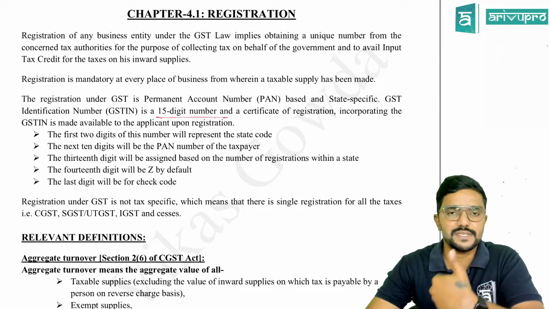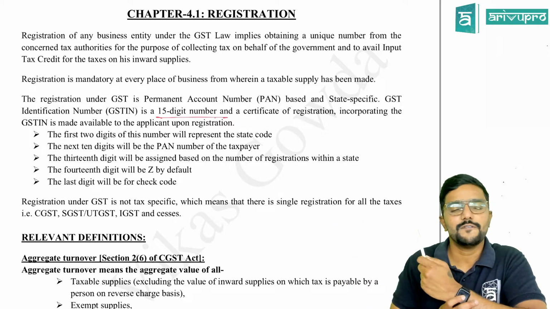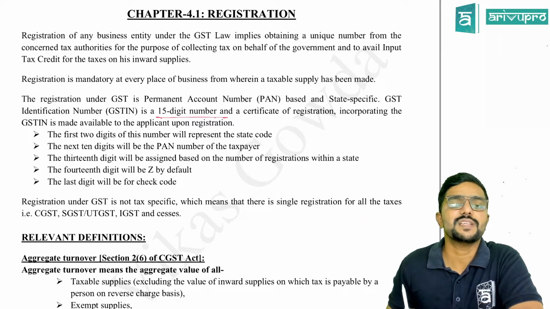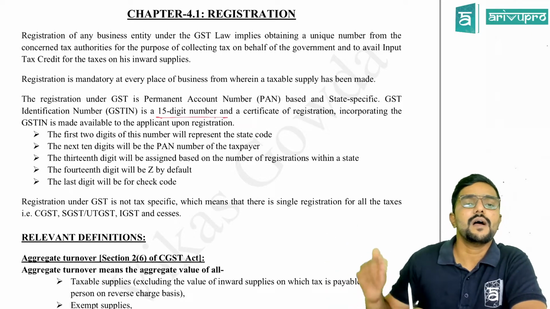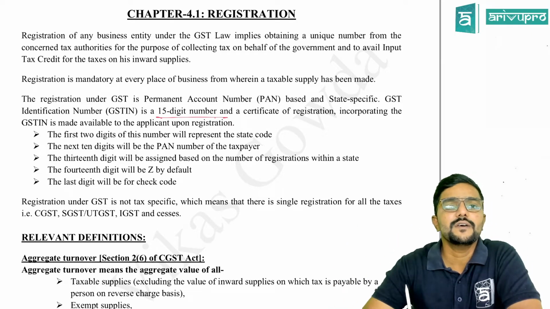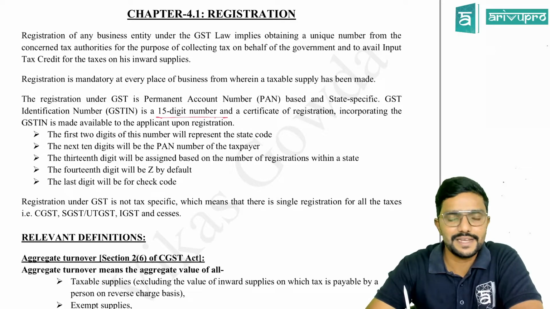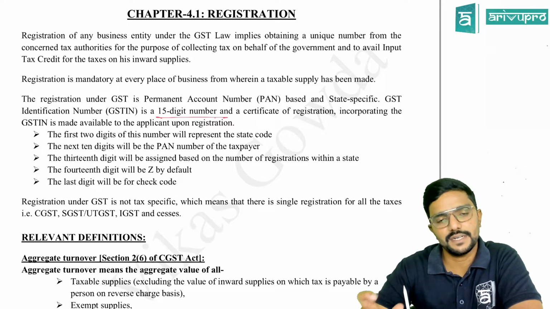That is, whenever a person is liable for registration, he has to apply for registration. And after the due verification by the proper officer, he will allot a registration certificate for you. In that registration certificate, a unique number will be allotted, which is called GSTIN, guys. GSTIN will be a 15-digit number.